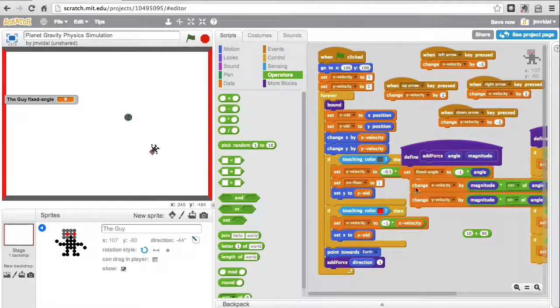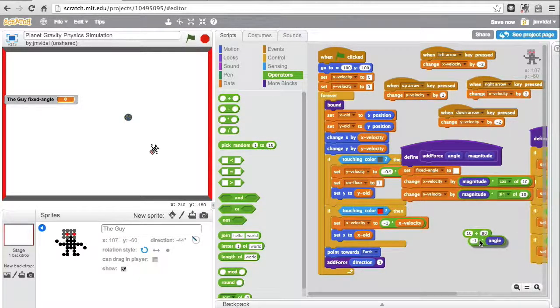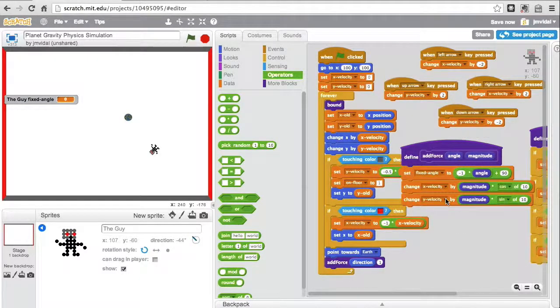So that's my fixed angle. That's how I fix the angle. And now I don't use the angle anymore. Throw that away. Wait a minute, what happened there? This should go there, and this whole thing needs to go in there. Yep.